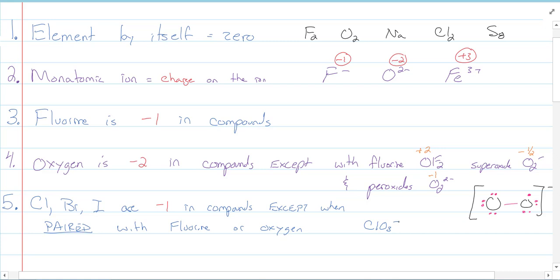That would be an example where chlorine is paired with oxygen. So there chlorine is, what's that, +5.